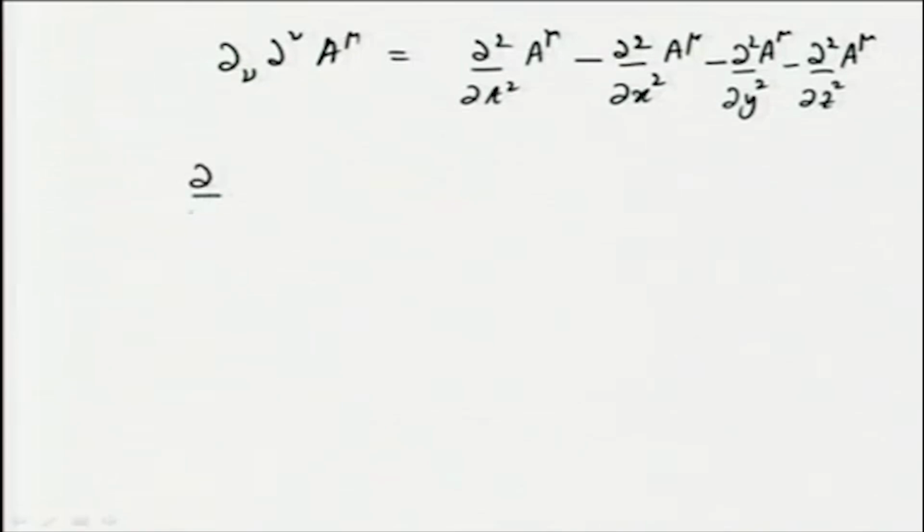And we had dou by dou t A mu is equal to minus I q 0 A mu.